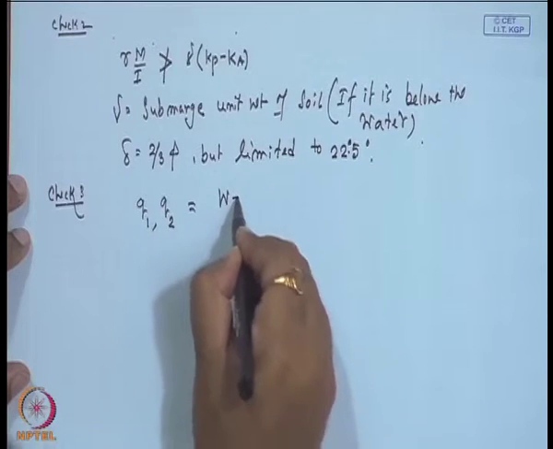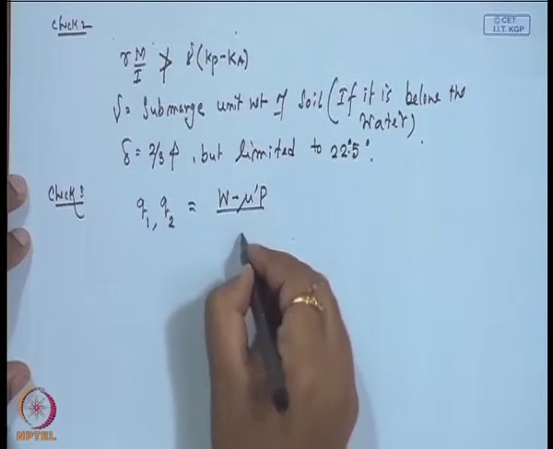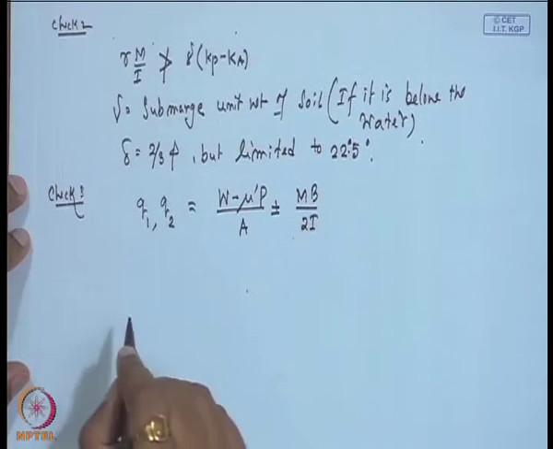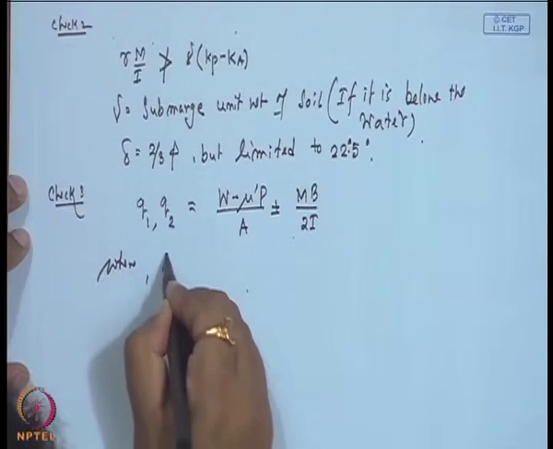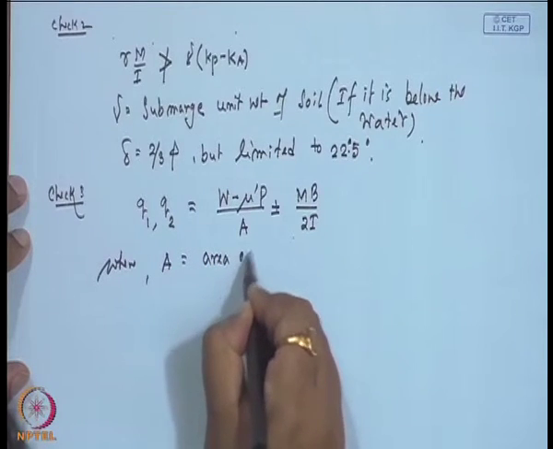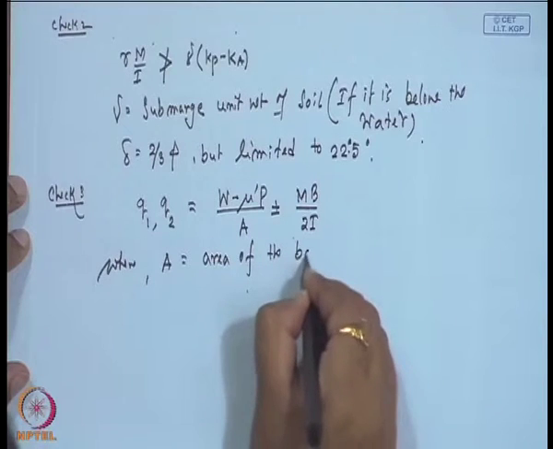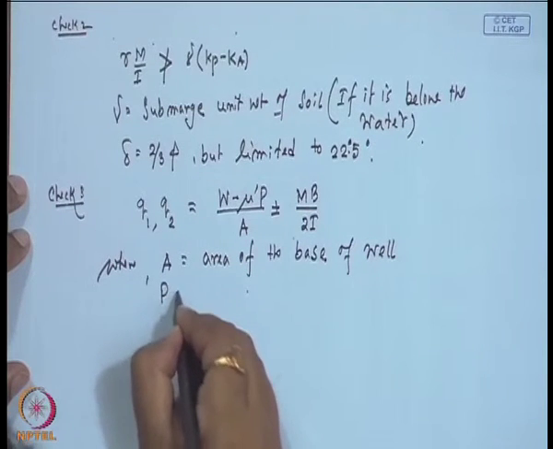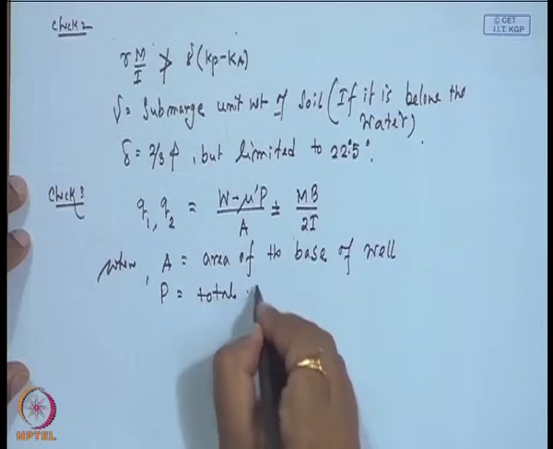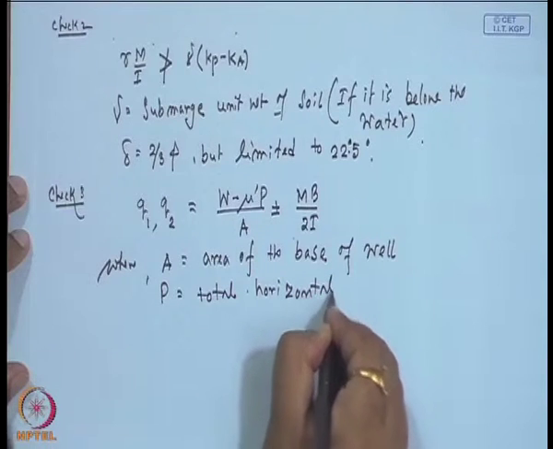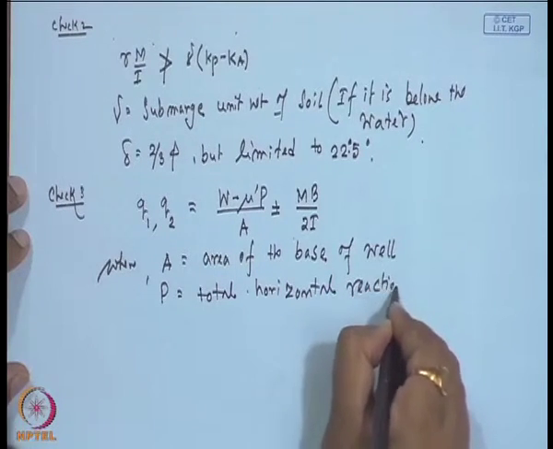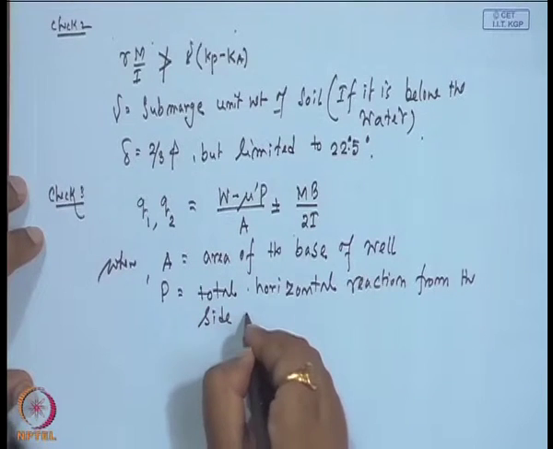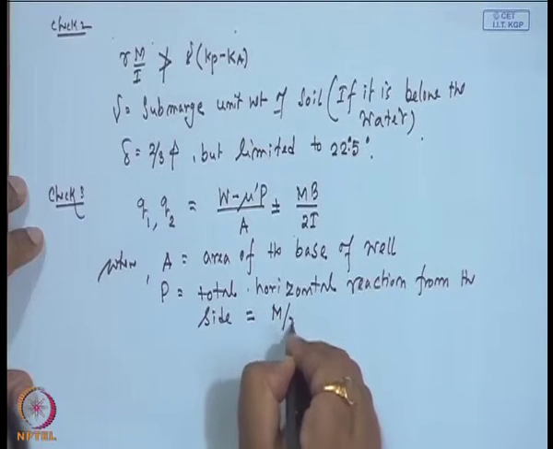So, this we can calculate as (W minus mu dash P) by area plus or minus M B divided by twice I. Now, here A is the area of base of well, P is the total horizontal reaction from the side of the well, and that we can determine by M divided by R dash.